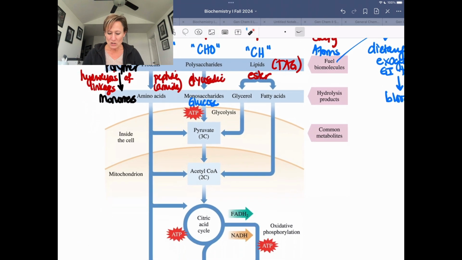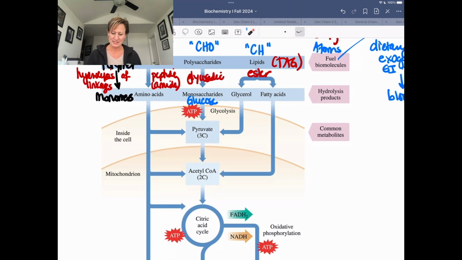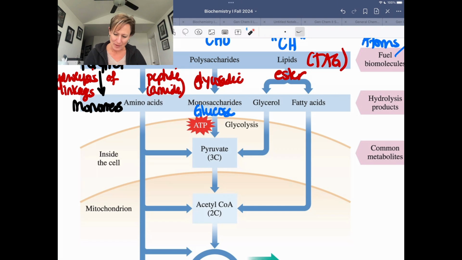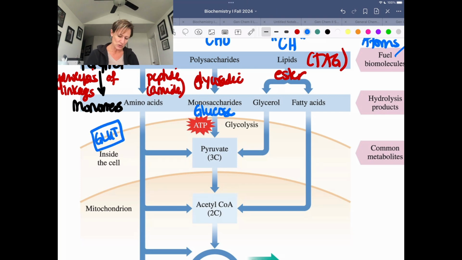Okay, so remembering that we're glucose focused, let's highlight what's happening here. We have the outside of the cell, that is our bloodstream. We've got glucose floating around in our bloodstream. We need to get it inside of the cell. We've already talked about how we get glucose inside of the cell. We've got GLUT transporters, right?